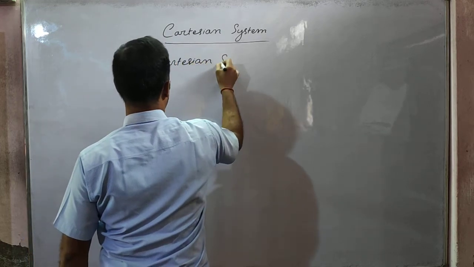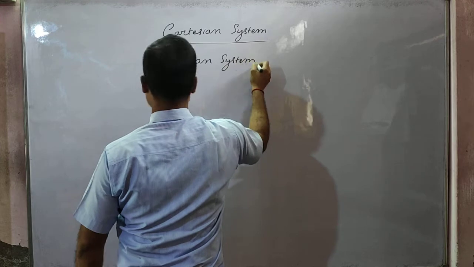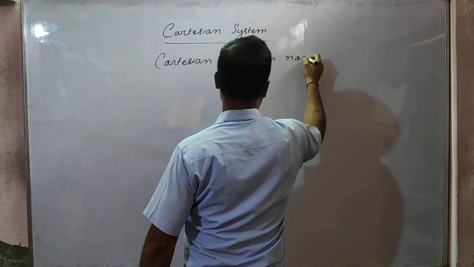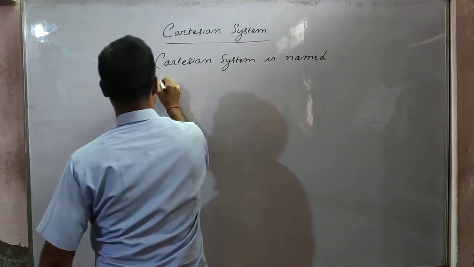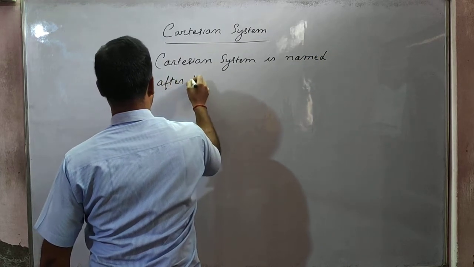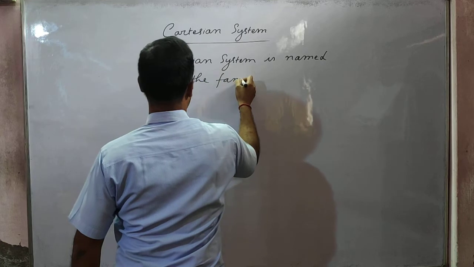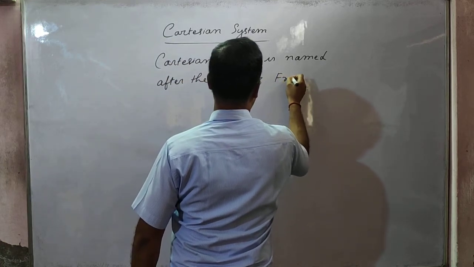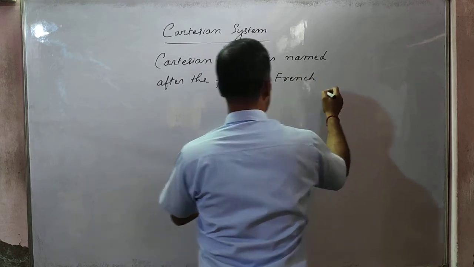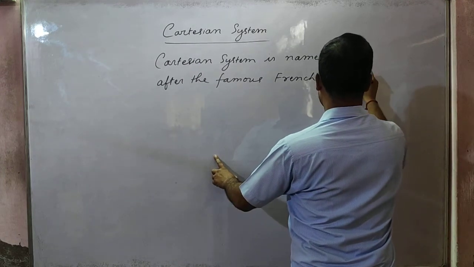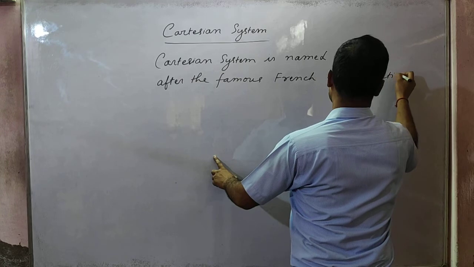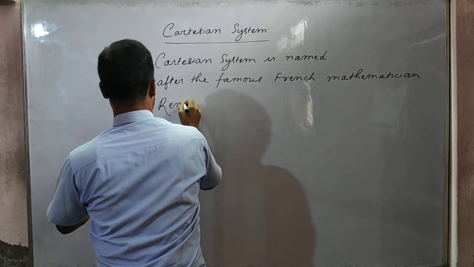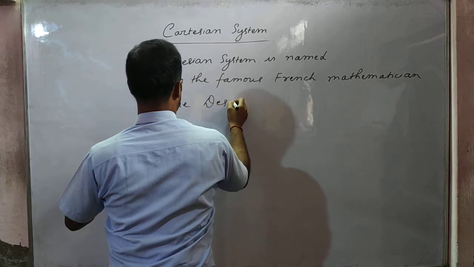Cartesian system is named after the famous French mathematician René Descartes.